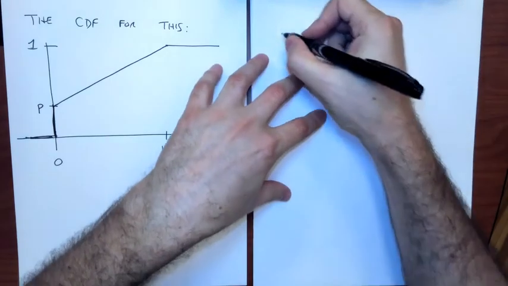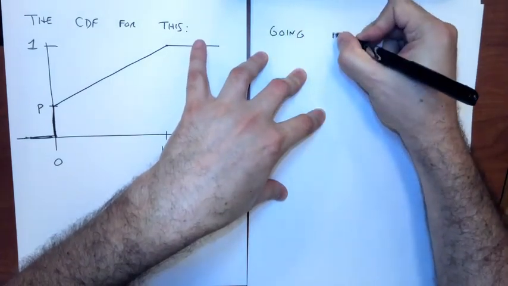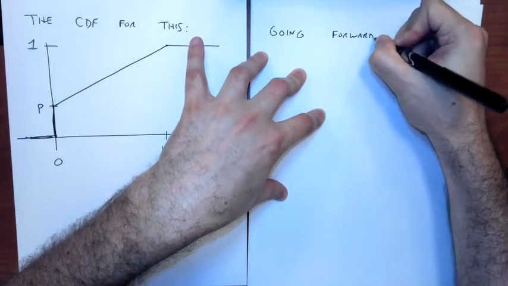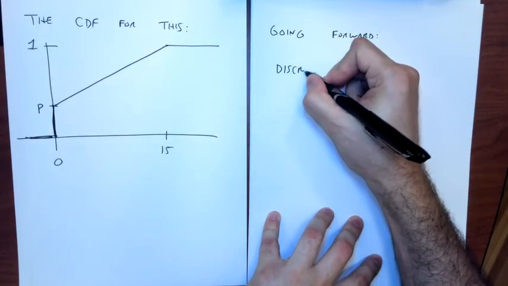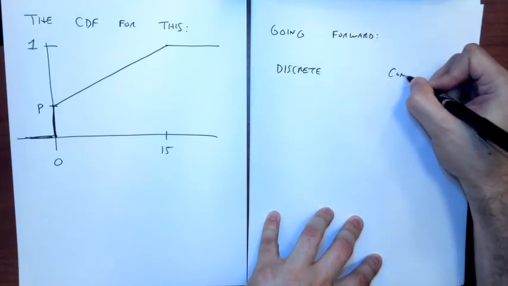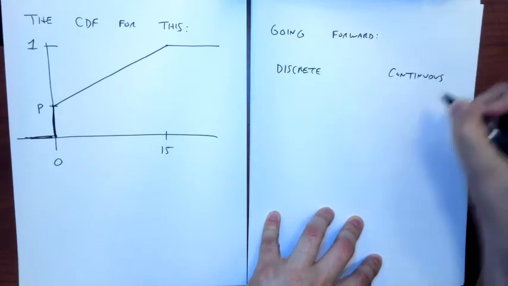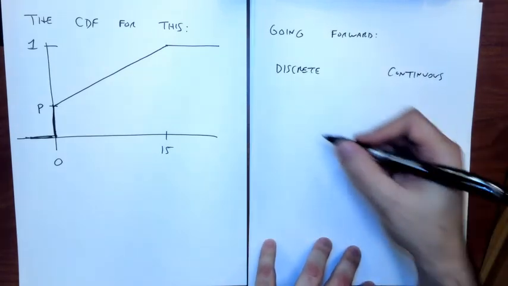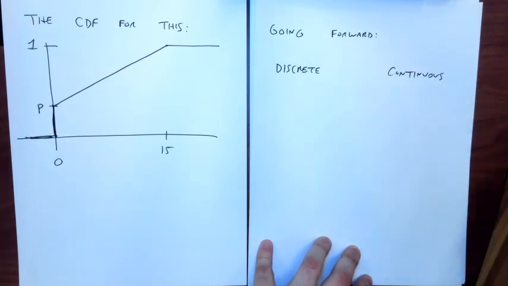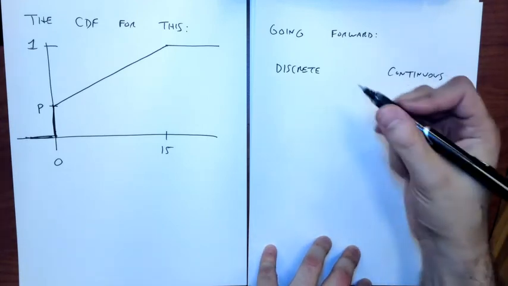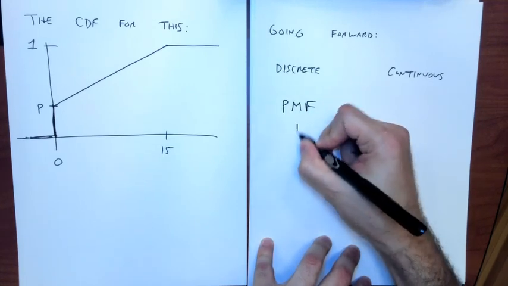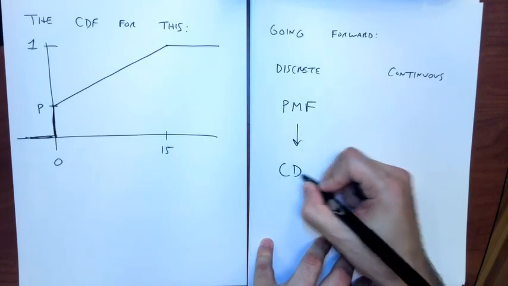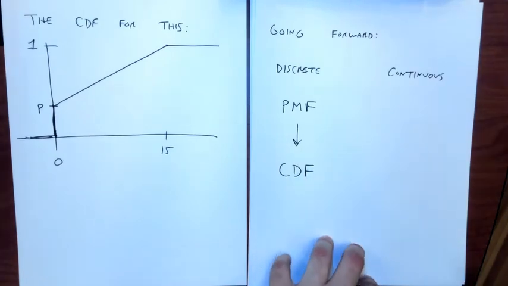So let's just say going forward, what we have is the discrete world and the continuous world. In the discrete world, we had this PMF, and we then learned today about this CDF, right?